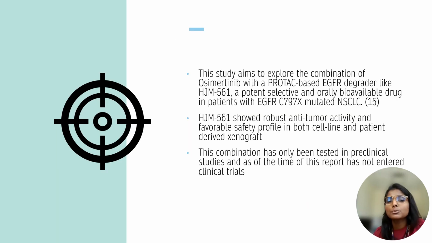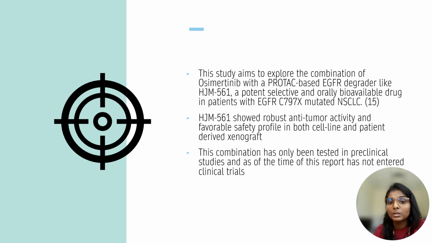My proposed study aims to explore the combination of osimertinib with the PROTAC-based EGFR degrader like HJM561, a potent, selective, and orally bioavailable drug, in patients with EGFR C797X mutated non-small cell lung cancer. This drug has shown robust antitumor activity and favorable safety profile in both cell line and patient-derived xenografts.